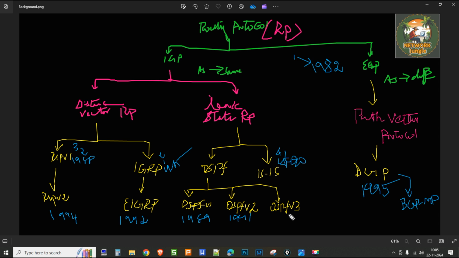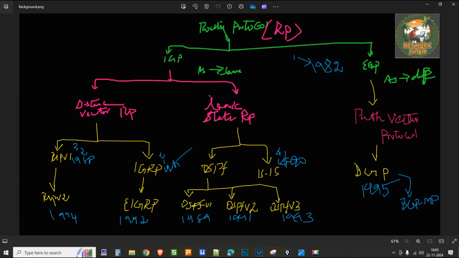Then OSPF version 3 in 1993. These are the routing protocols introduced over the years. They have different advantages and disadvantages to overcome the existing routing protocols.